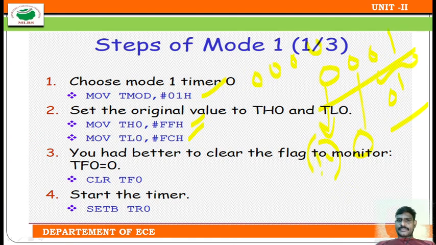In case of timer 1, I need to use TH1 and TL1. Then you have to clear the flag: clear TF0, whether it is raised or not. First you need to clear it. Then start your timer by using the SETB instruction to set the TR0 bit.